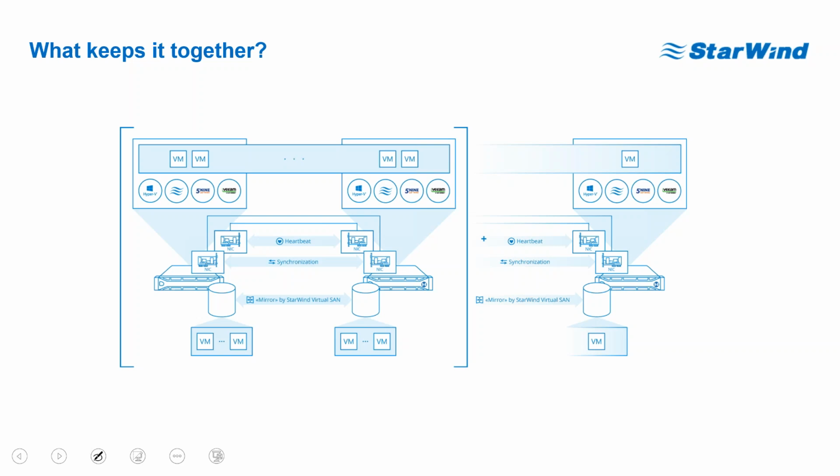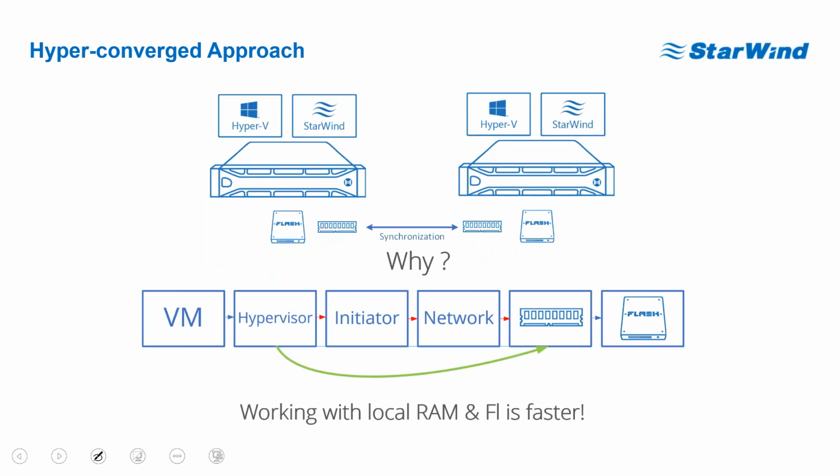What we do, we take the local flash storage, consume it with StarWind Virtual SAN, and give it back to the hyperconverged appliance cluster as a centralized clustered storage resource. And not only do we do that, we also make sure that this storage works faster than it would originally work if used directly. And here's why.